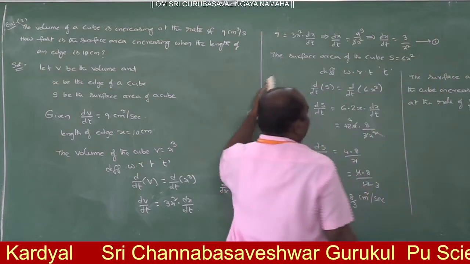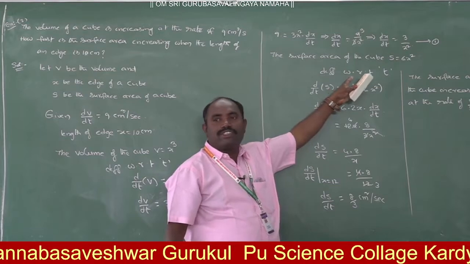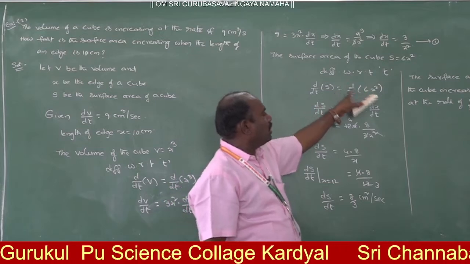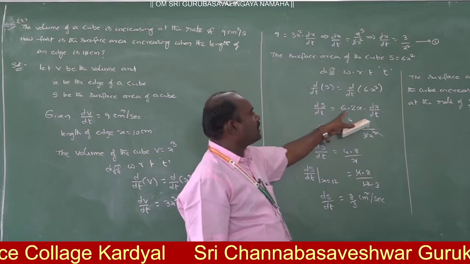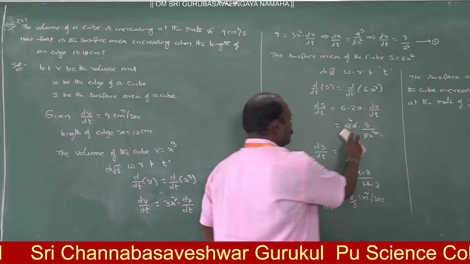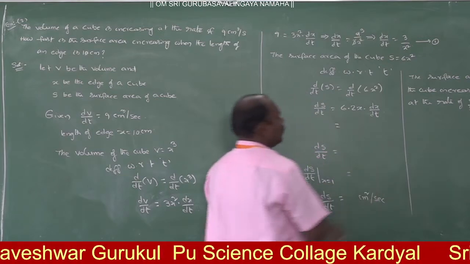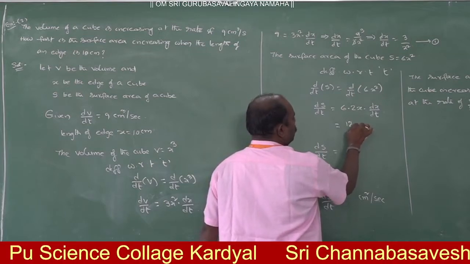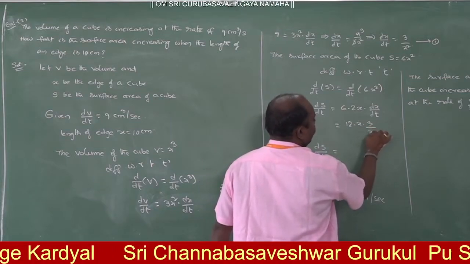Next, the surface area of the cube S equals 6x square. Differentiating with respect to t, d by dt of S equals d by dt of 6x square. Here dS by dt equals 6 into the differentiation of x square, which is 2x into dx by dt. This is 12 into x into, we know the value of dx by dt, 3 by x square.